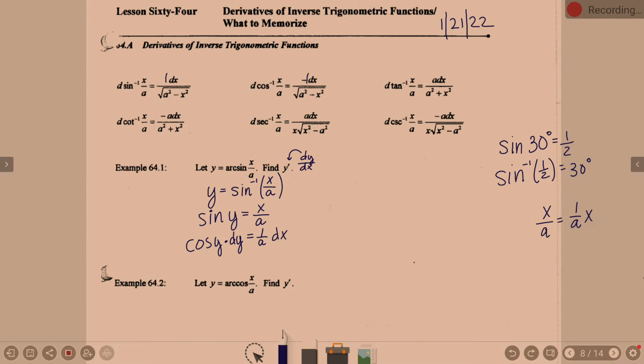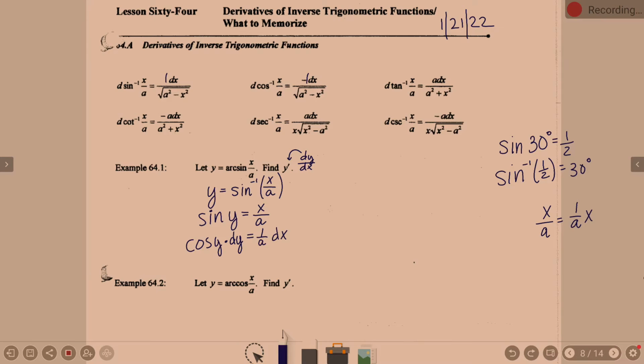Yeah, I already have my dy on the left. I'm going to divide the dx over to join it, yes. And then what do I need to get away from dy? Cosine y. So we're going to divide the cosine y into the denominator of the other side.